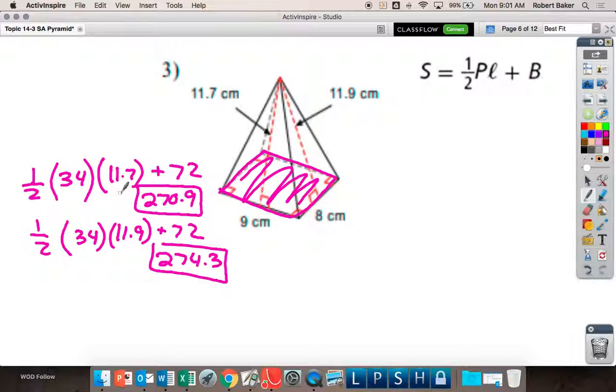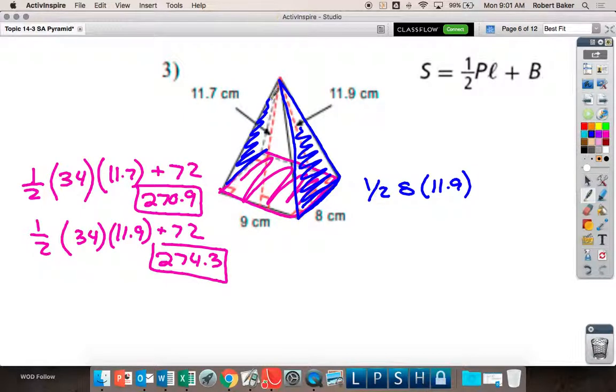No. So here in this scenario, we're going to have to solve for the area of this triangle right here: 1/2 times the base times the height. That's this face right here, and that base back there. Those two are the same triangles.